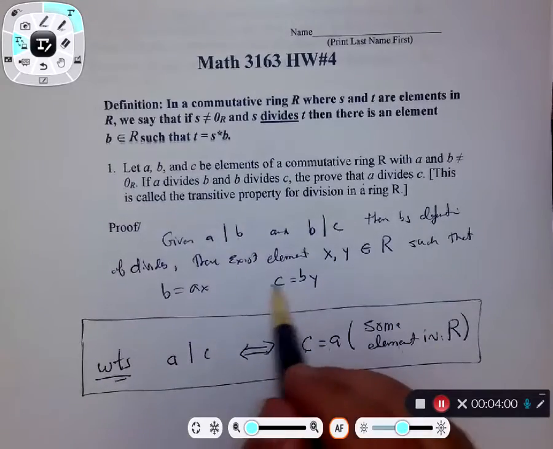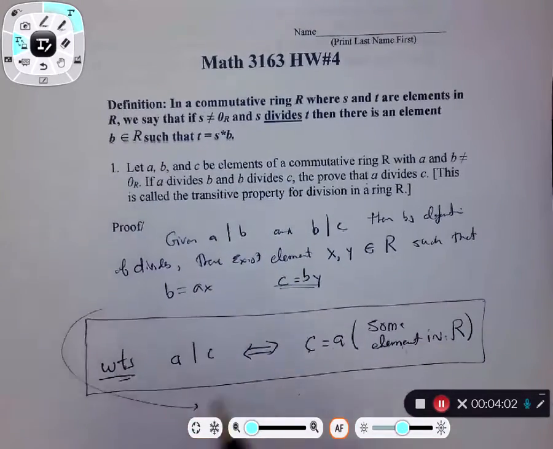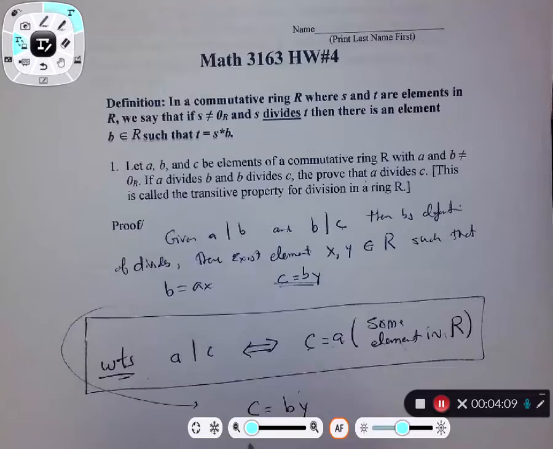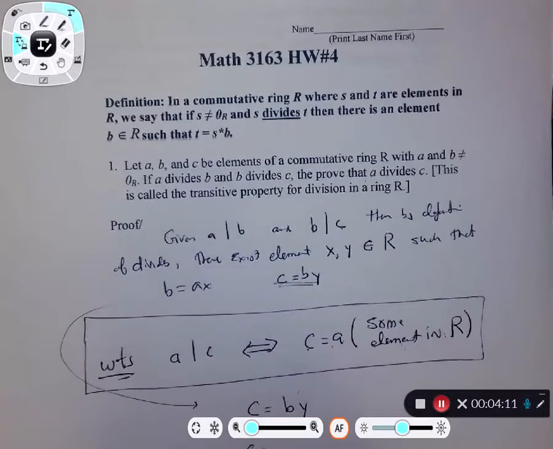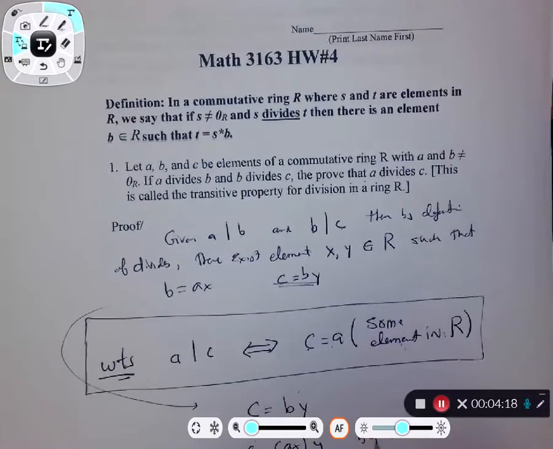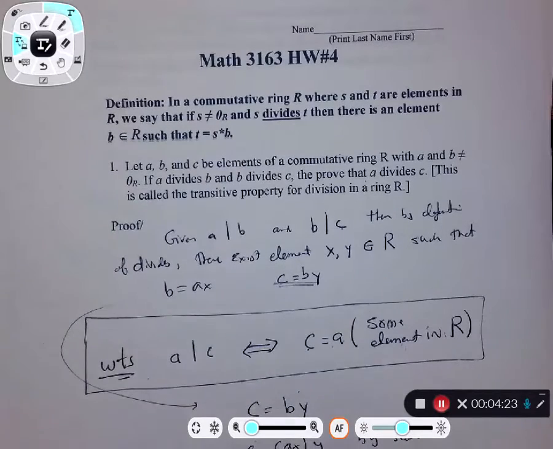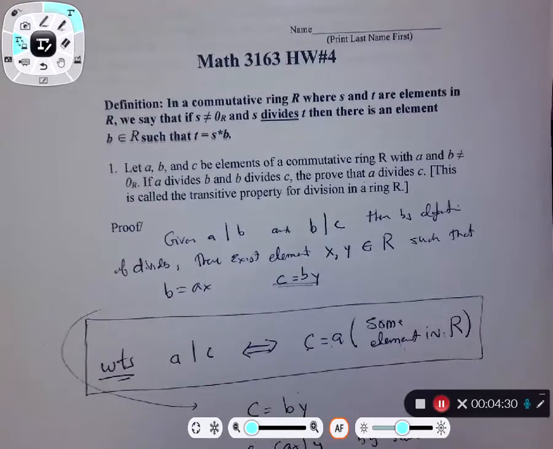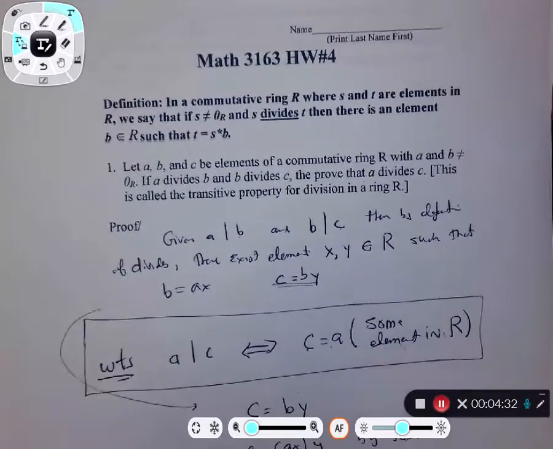I've already got a C equation, so I can start with that. C is equal to B times Y, and then from there I know B equals AX, so C equals AX times Y by substitution. But again, I want you to use your big words, associativity, commutativity, and things like that. So C is going to be equal to A times XY by associativity.